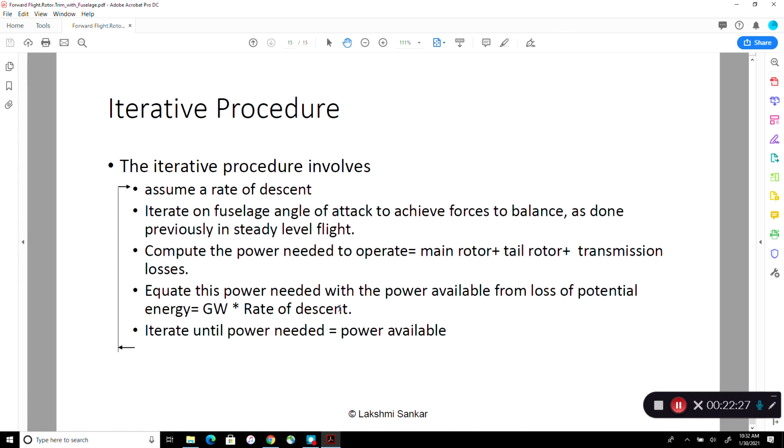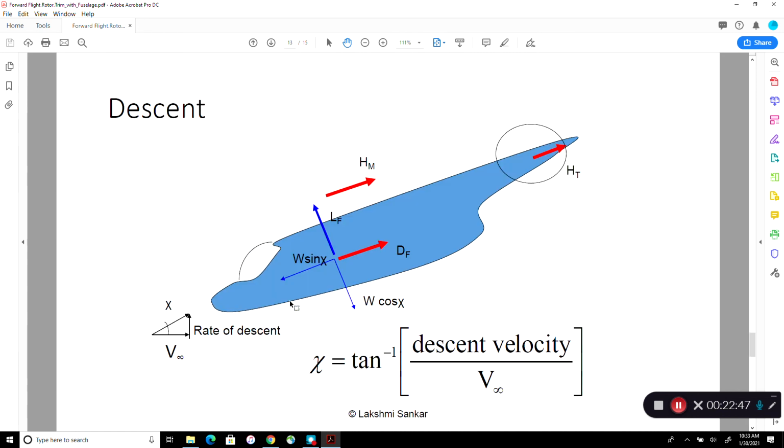Let's say one engine out, the other engine is still producing power. Then you use the rate of descent to compensate for the loss of power. If both the engines are out, you're getting zero power from the engine, so everything is coming from the loss of potential energy. So you could do this analysis with minor variation to look at descent condition.